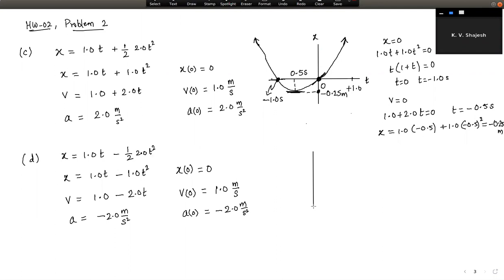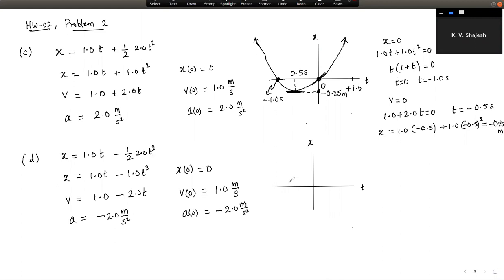Let's see our plot again, or the axes for the plot we prepare. Let's label them as time t, and x as the position axis on the vertical axis.